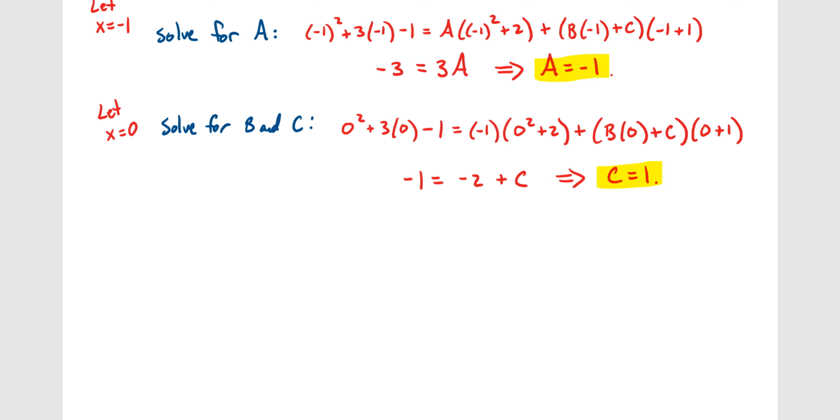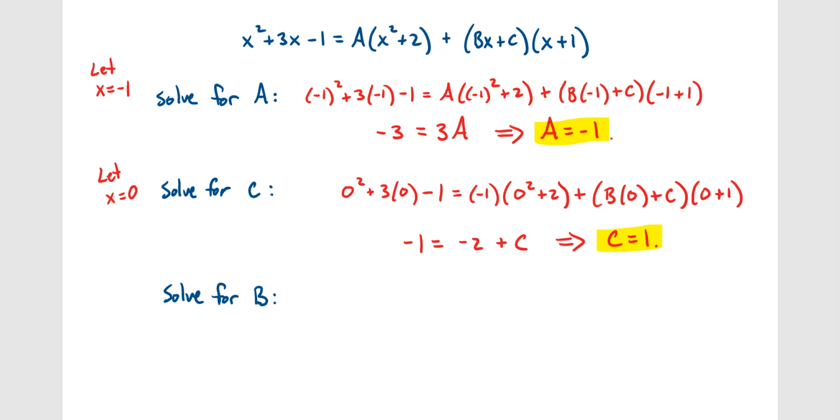So now all we have to do is solve for b. I'm going to erase "solve for b and c" since we solved for c. Solving for b is actually pretty easy. Since we have a and c, we can plug right into the equation up here again, and we can let x equal any value.